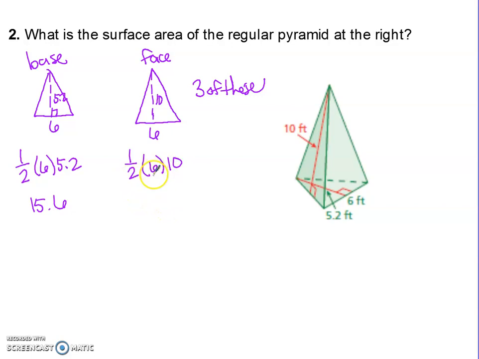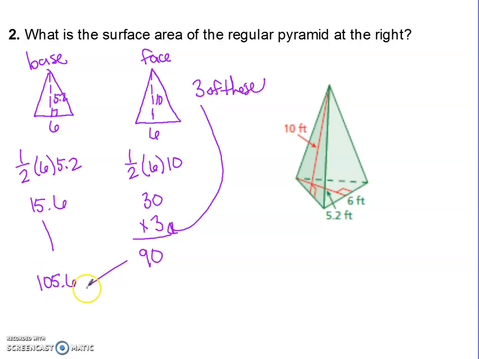Half of 6 is 3, and 3 times 10 is 30. But like we said before, there are 3 of these, so we'll need to multiply. 90. Now that we've got our pieces, we're going to add up the pieces together. 90 plus 15.6 is 105.6 square feet.